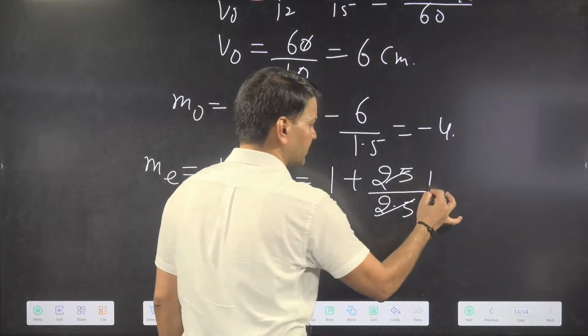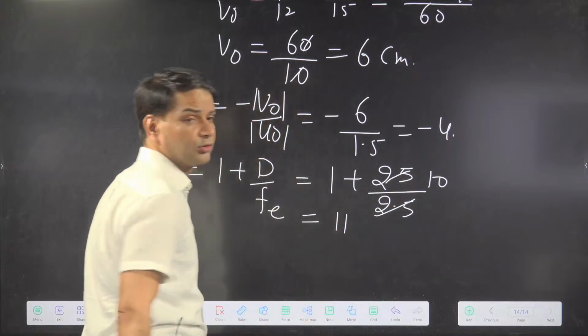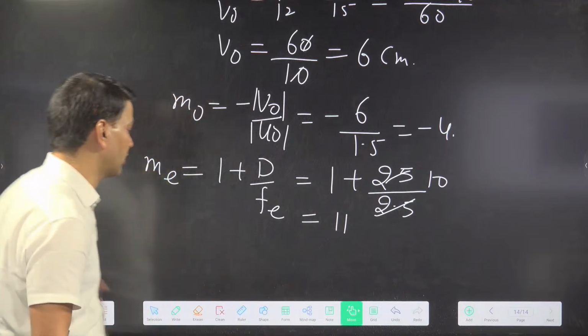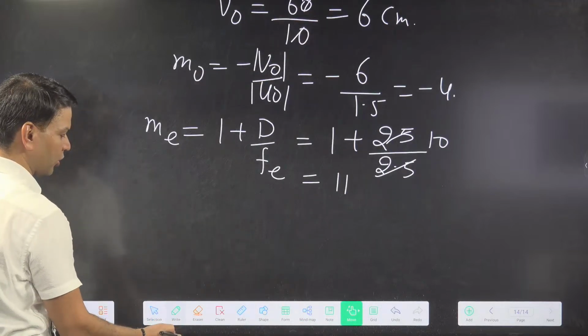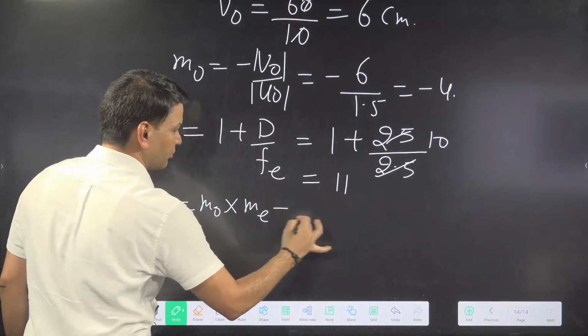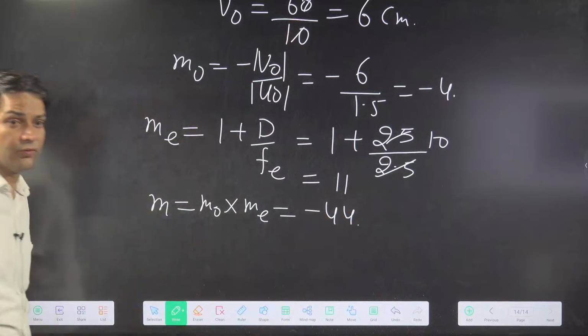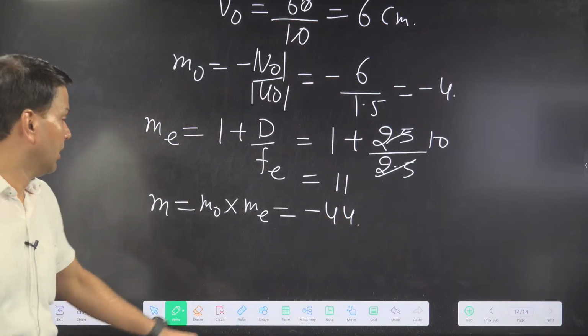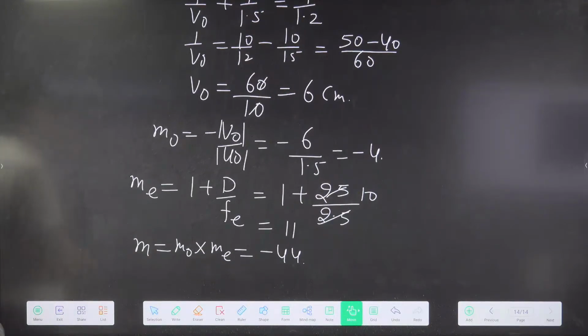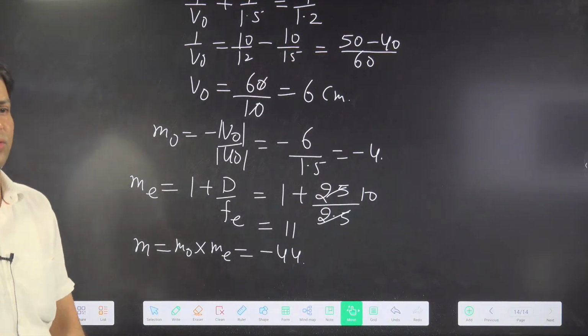So 2.5, that is a 10. So what we got? 11. So ME we got 11. MO you got 4. So what is the overall magnifying power? Magnifying power M, MO into ME, that is equal to minus 44. So this is the magnifying power of the compound microscope.